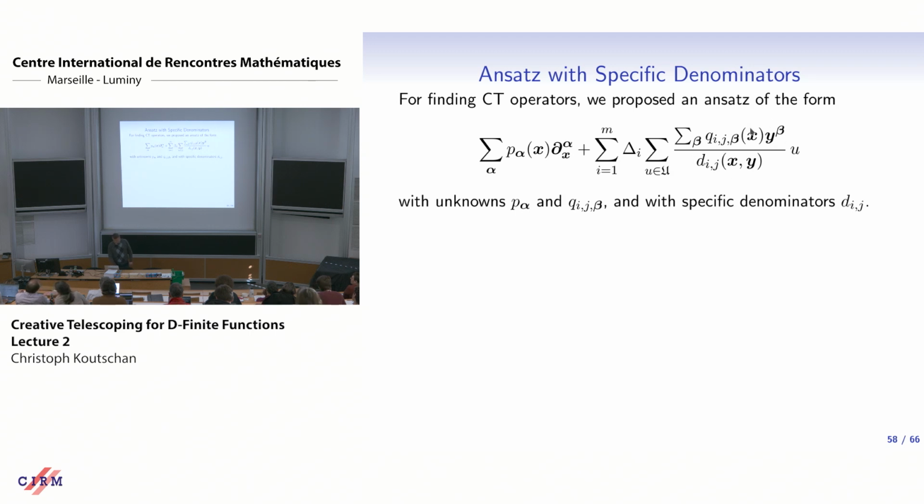And the point is that everything that is here in this fraction, that was called q_u before, is a single rational function in x and y. Now we write it with an explicit denominator and with an explicit polynomial in y in the numerator, and now the unknowns only depend on x.